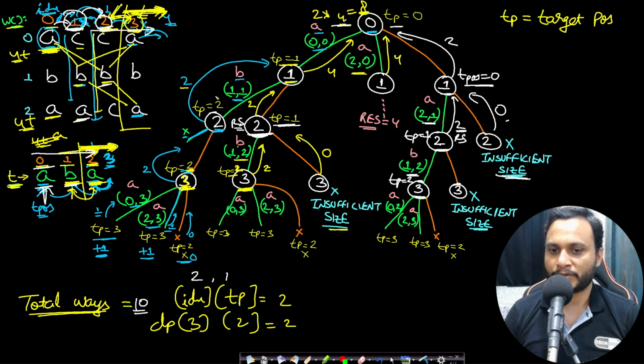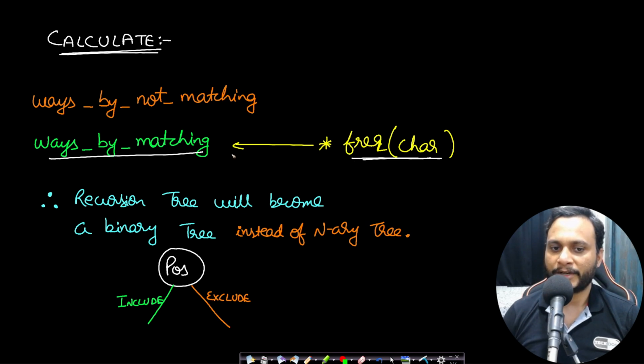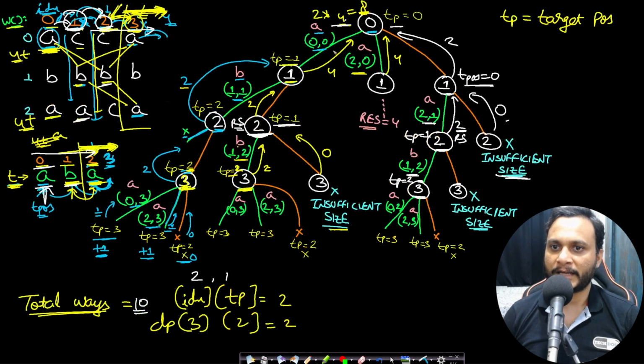I hope you have understood the subproblem definition as well. Now calculation will be based on whenever you are in a column position, that means at an index, we will be counting all the ways by not matching any character in that column and by matching one character in the column. If you match one character, you can just multiply by the frequency of that character to get the total match, like how we did last time.